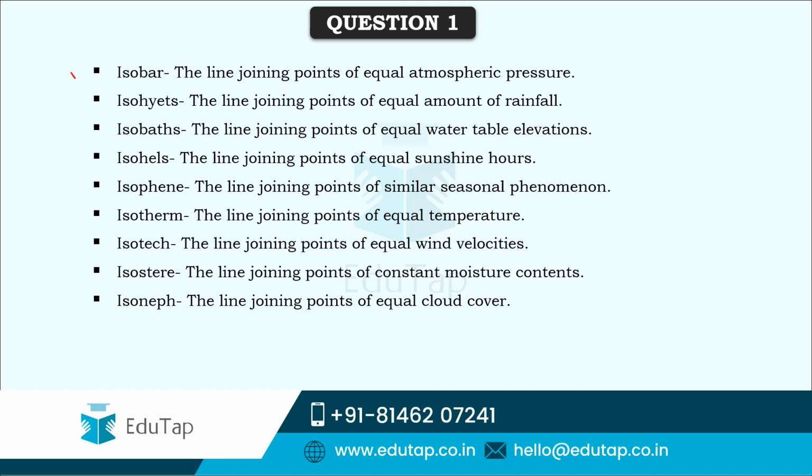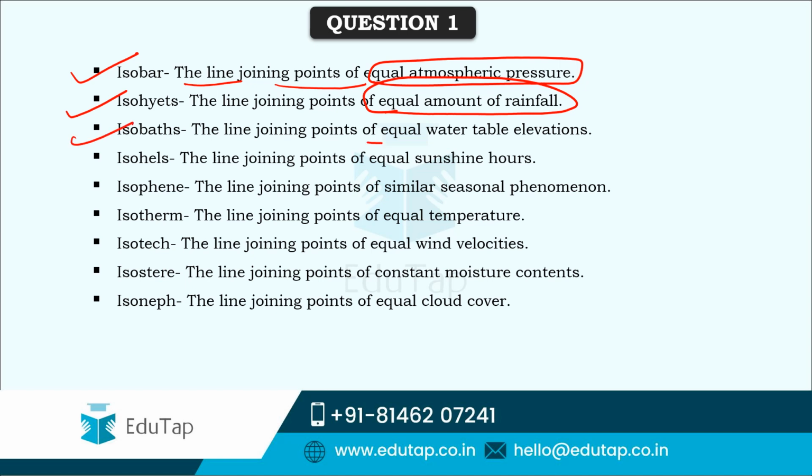See, isobars are those lines joining points of equal atmospheric pressure, and isohyets the line joining points of equal amount of rainfall. There we have seen depth of rainfall. Isobath, here equal water table elevations, the line joining the points.